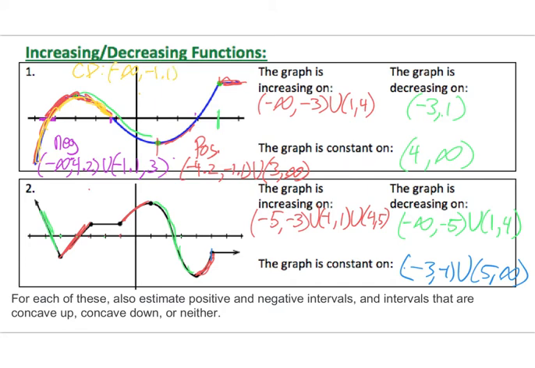That's about where it changes. And then concave up from negative 1.1-ish up until we change into a linear function, which is at 4. And then neither concave down nor concave up would be after that point.